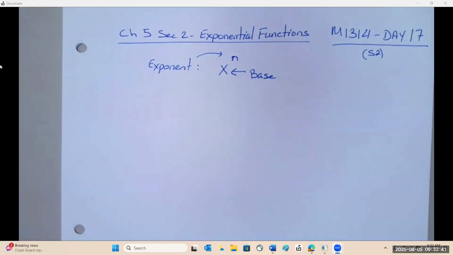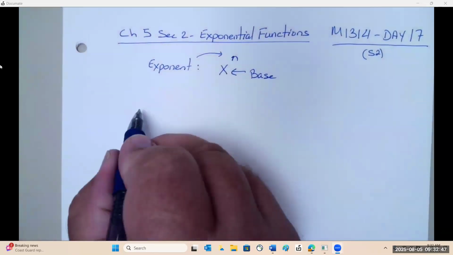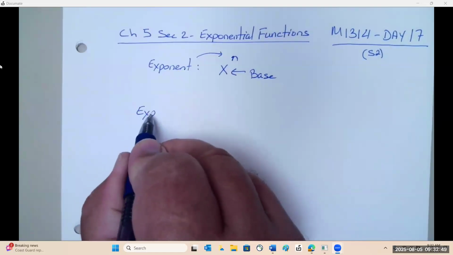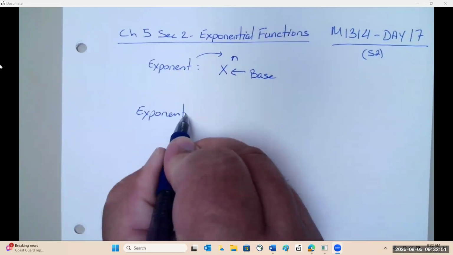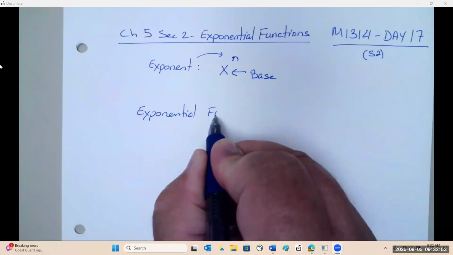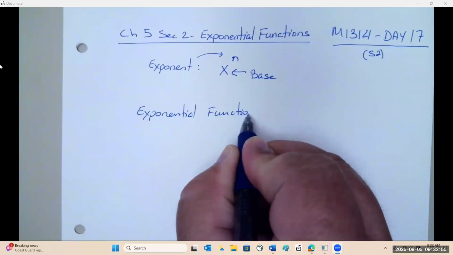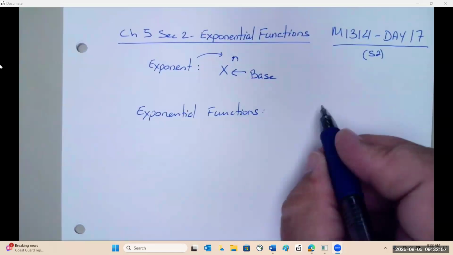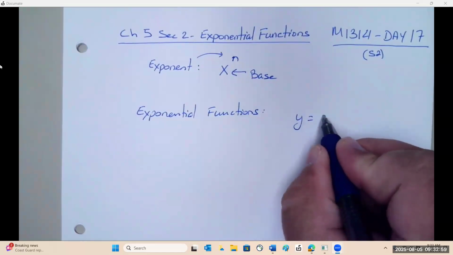All of our equations up until now, the base has always been x. Exponential functions now look like this.